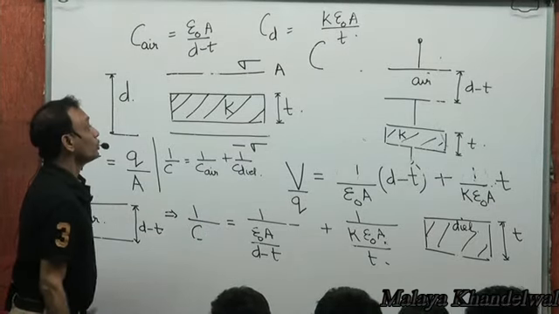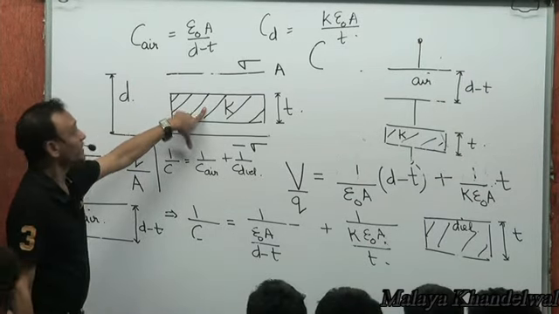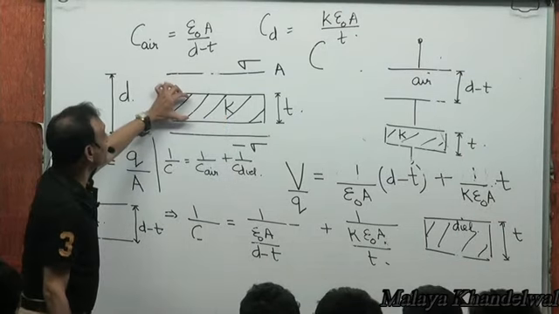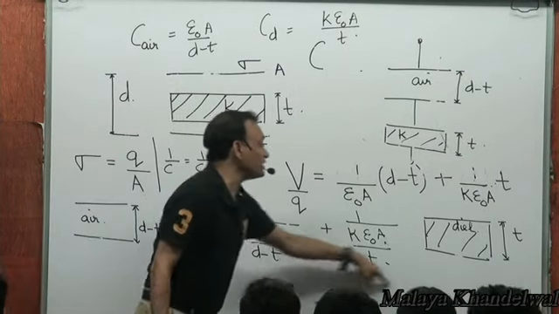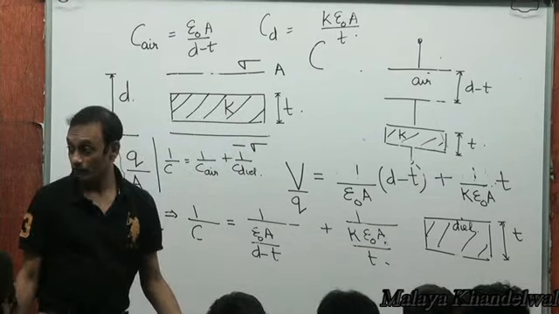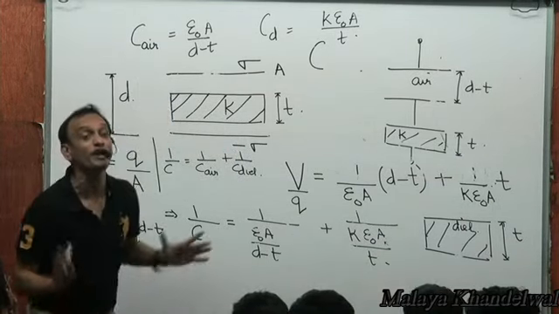Now, if this was a conductor, then K will become infinity. In fact, the electric field here will become 0. If K becomes infinity, 1 by C of the dielectric will become 0. Then the whole thing gets reduced to D minus T units of an air capacitor.